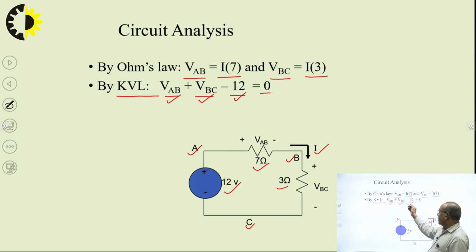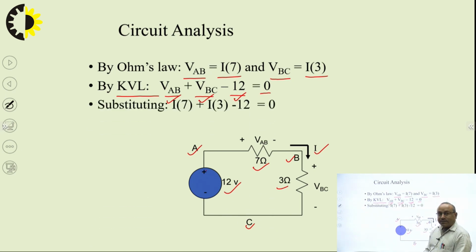So, accordingly we can write this equation, with VAB equal to I into 7, that we have seen already. Similarly, VBC is I into 3, that we already know, and so the equation becomes I into 7 plus I into 3 minus 12 equal to 0. This is the KVL equation for this loop or the mesh.